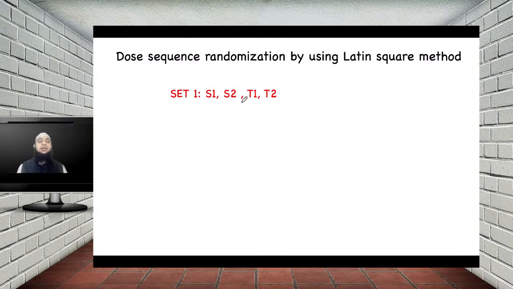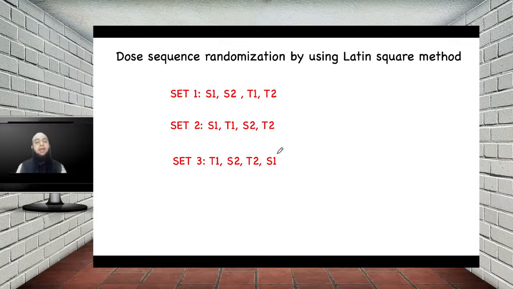For example, in set 1 you have followed the sequence S1, S2, T1 and T2. In set 2 you need to follow the sequence S1, T1, S2, T2. Now you can see the sequence followed in set 1 is not repeated in set 2. Then in set 3 you follow the sequence T1, S2, T2 and S1.